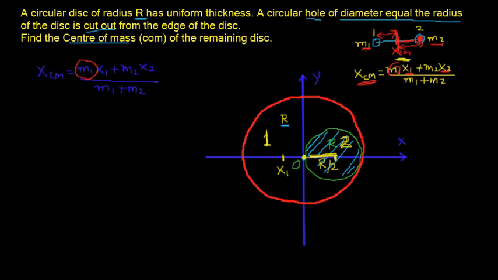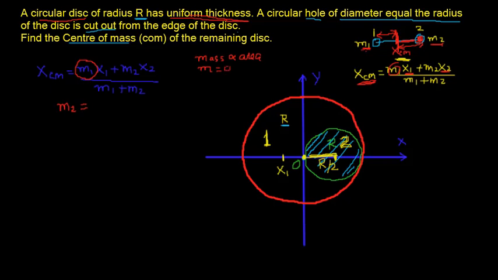It is a circular disc having uniform thickness. So it means the mass of the disc is directly proportional to its area because its thickness is uniform. So mass m2 will be equal to, with reference to physics, mass is equal to some constant.